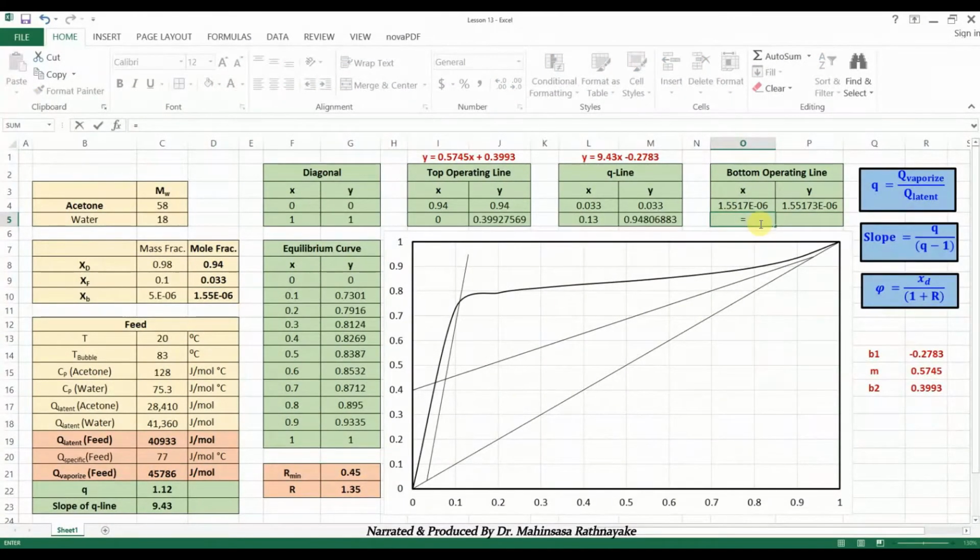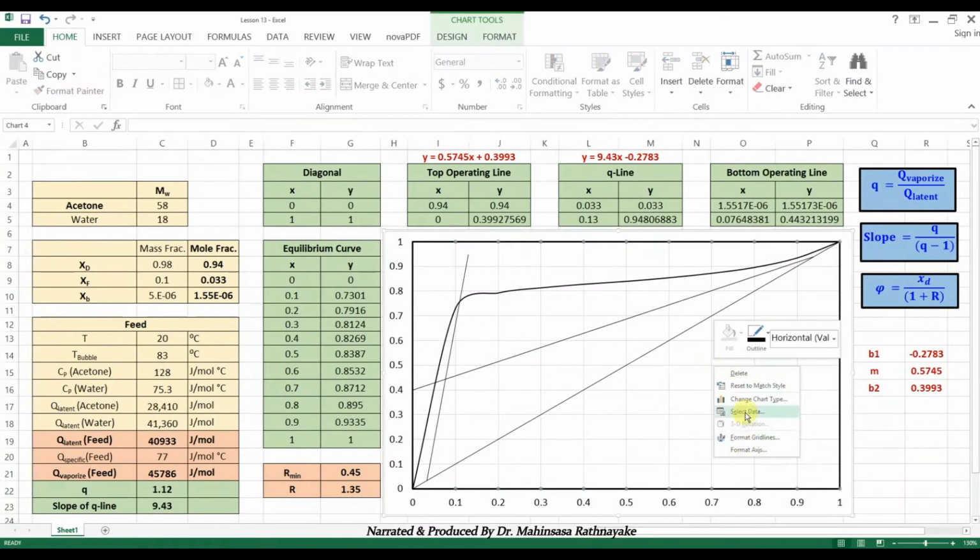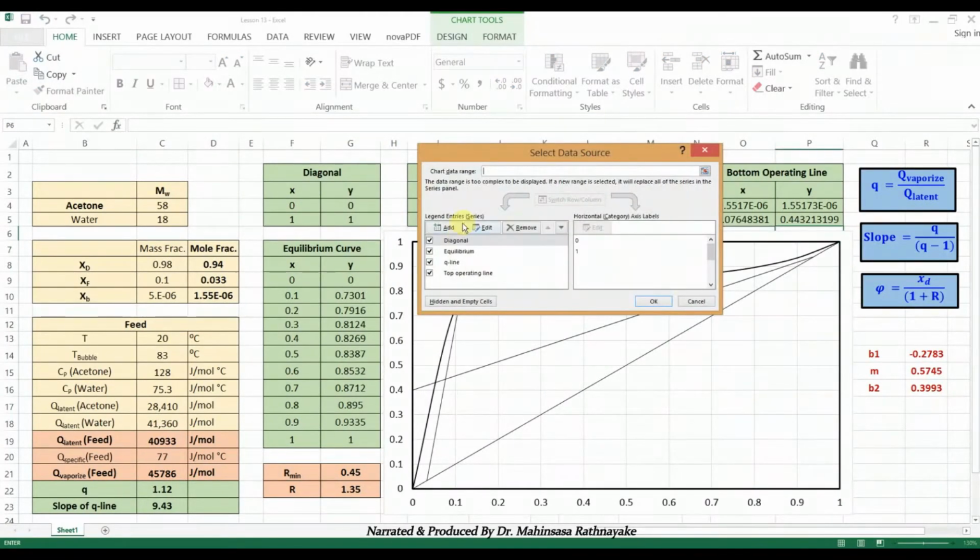Applying this relation, we can find the x value for the intersection point of the Q line and the top operating line. The y value of the intersection point can also be obtained by substituting this x value into one of the equations of the Q line or the top operating line. So now we have the other point for the bottom operating line. So we can draw the bottom operating line on the same diagram.